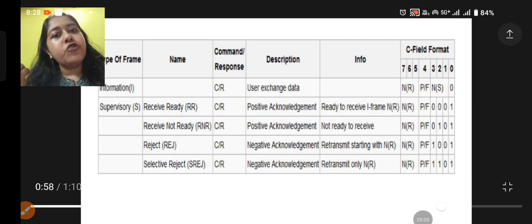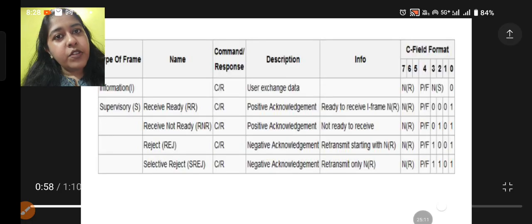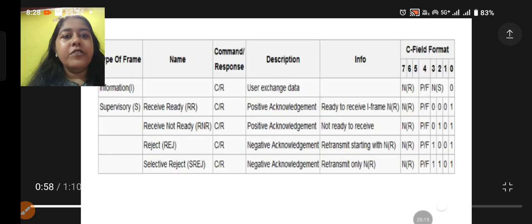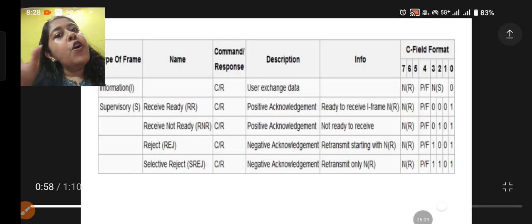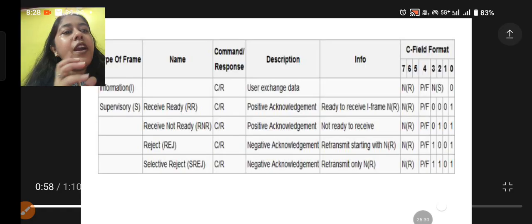But in stop and wait ARQ or go back N ARQ, the whole sequence up to the corrupted frame has to be retransmitted again. You can see the same thing here: with reject, you retransmit starting with that particular frame, and with selective reject, you only send the particular frame which is erroneous or corrupted. Okay, so these things are being done here.